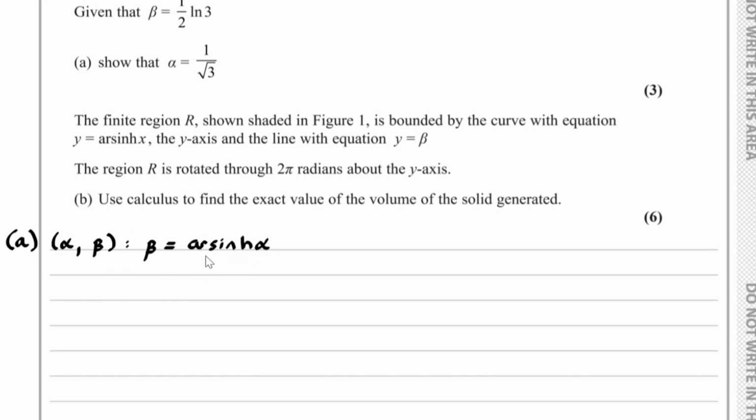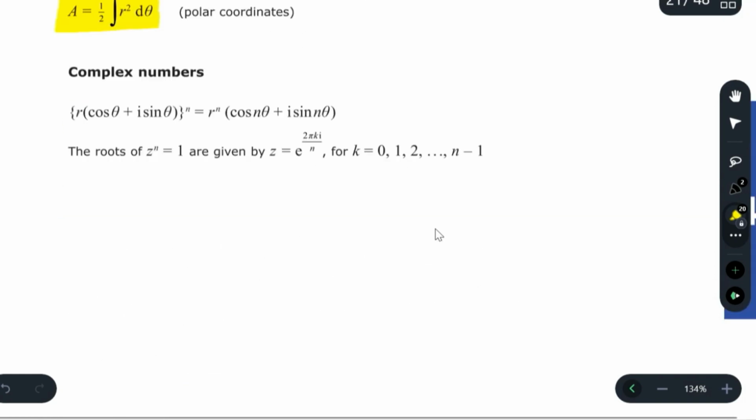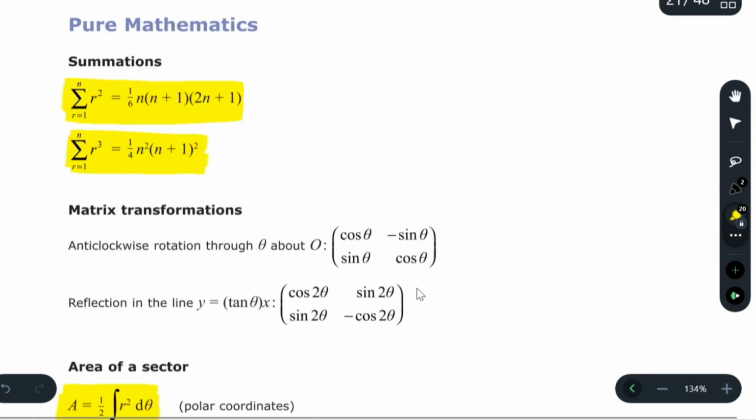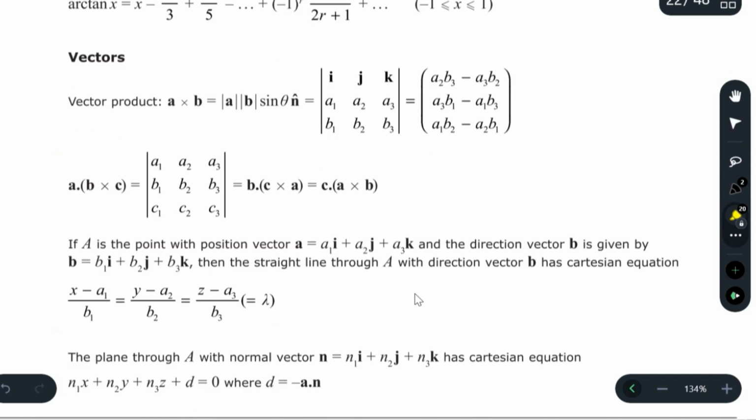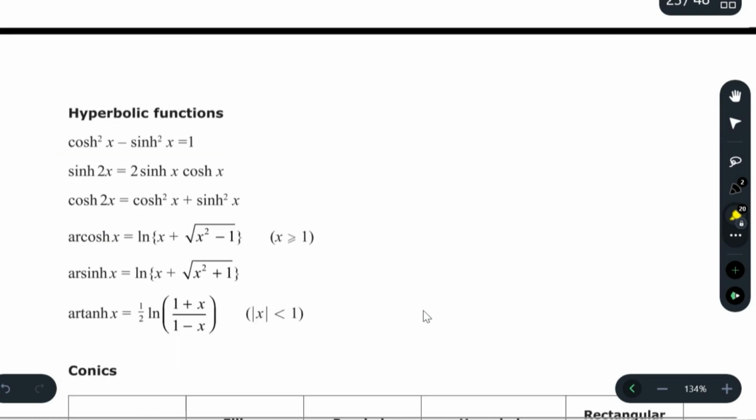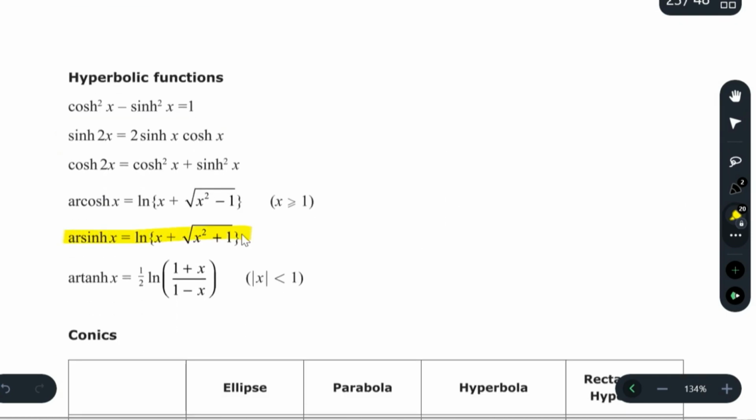Now, inverse hyperbolic sine, if we go to the formula book, under the hyperbolic section, this is the result for inverse hyperbolic sine.